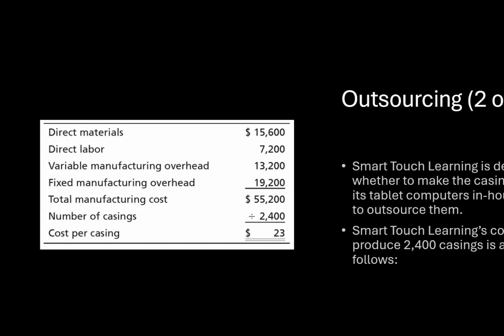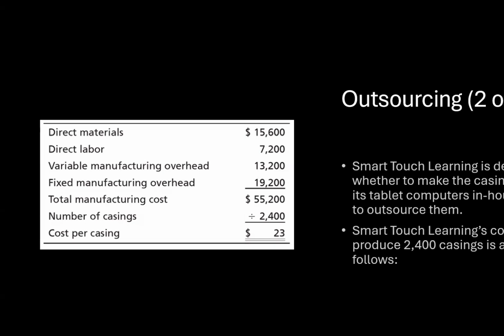Smart Touch Learning is deciding whether to make the casing for its tablet computers in-house, or should they outsource it to a company called Crump Casings, which specializes in producing casings for computers, cell phones, and other electronic products. Smart Touch Learning's cost to produce 2,400 casings is $23 per casing.